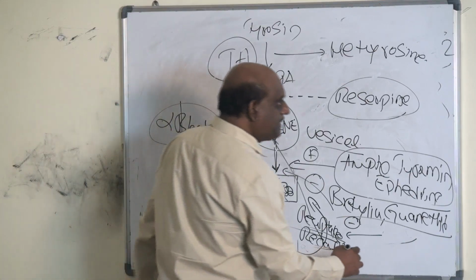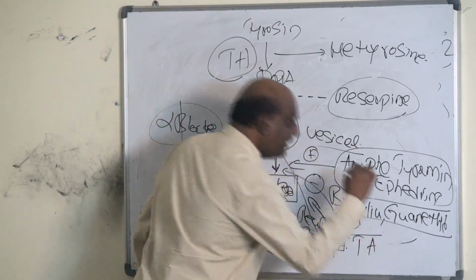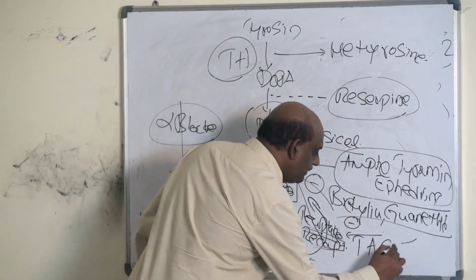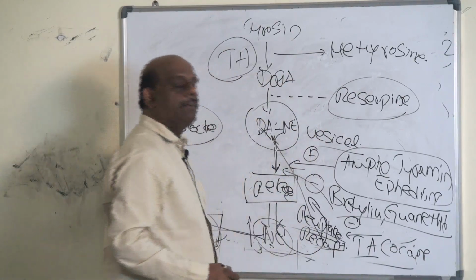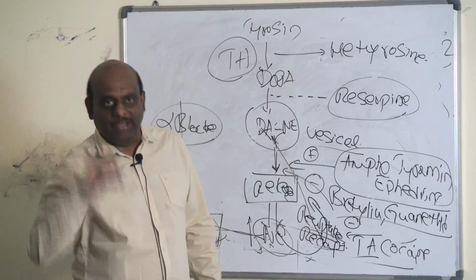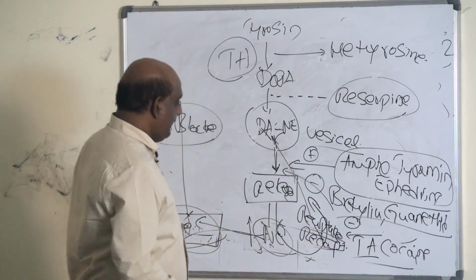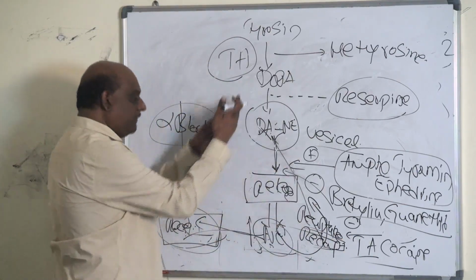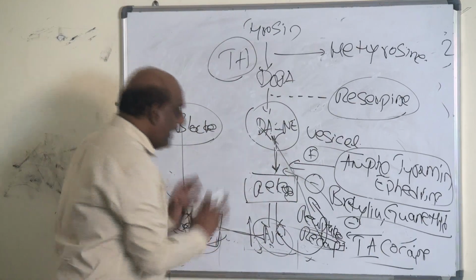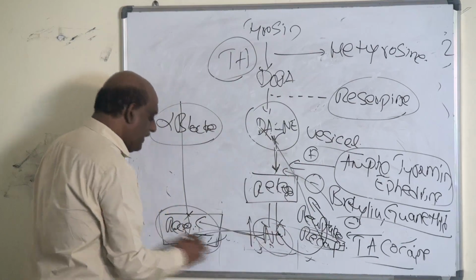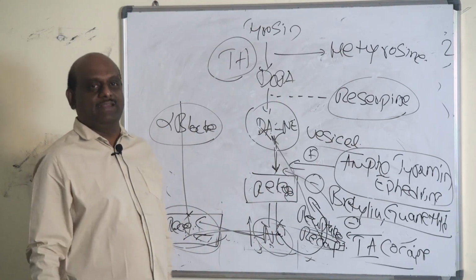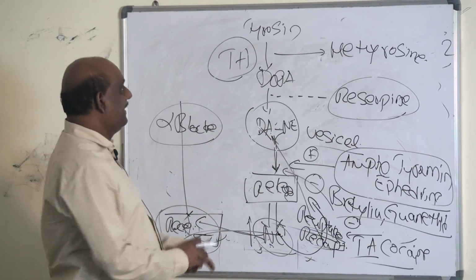Tricyclic antidepressants and cocaine. Tricyclic antidepressants like imipramine, and cocaine, inhibit the recapture of this norepinephrine and hence norepinephrine gets collected in abundance, and that typically will have a sympathomimetic effect, is what you need to remember.